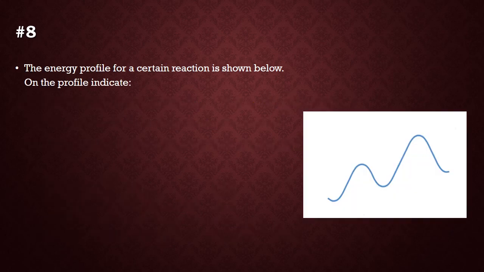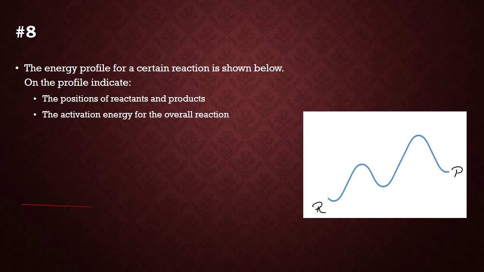This problem asks if you understand how to read the graphs. So first we have to put reactants and products on here. Reactants I'm just going to label with an R, products with a P. Activation energy for the overall reaction: if I could draw a straight line I would.